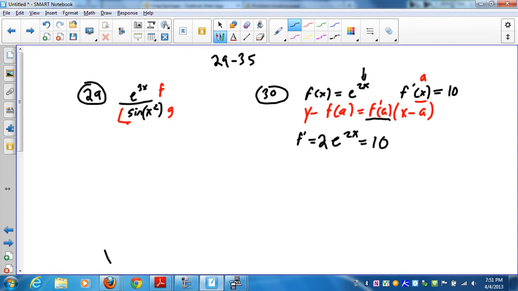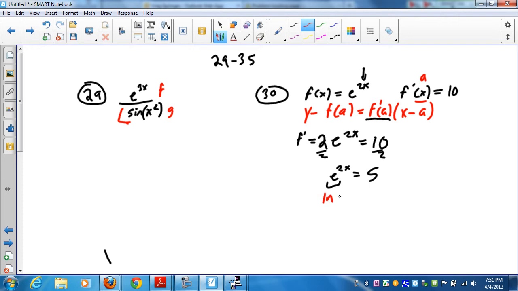So when does it equal 10? Well, we could divide by 2, and we can figure out when e to the 2x is equal to 5. And how do we get rid of the variable when it's in the exponent? Well, you take the natural log of this base, or the logarithm of this base, which is the natural log.